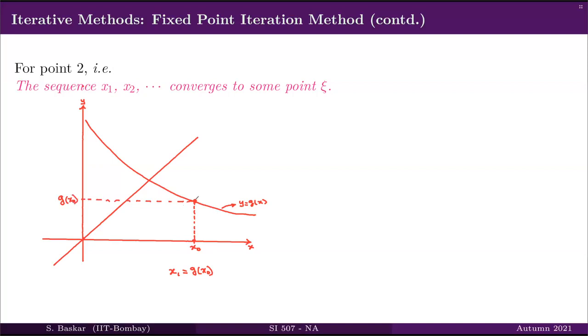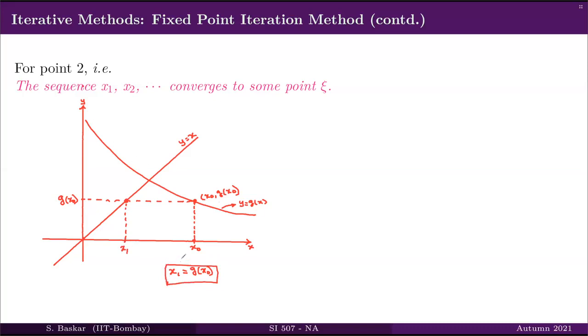On the graph, this is the point x naught comma g of x naught, and from here we have to see where x1 lies. x1 is nothing but the point of intersection of the line y is equal to x and this line of constant y equal to g of x naught. And precisely this is the point x1 as per our fixed point iteration sequence generated by the iteration function g given by this graph.